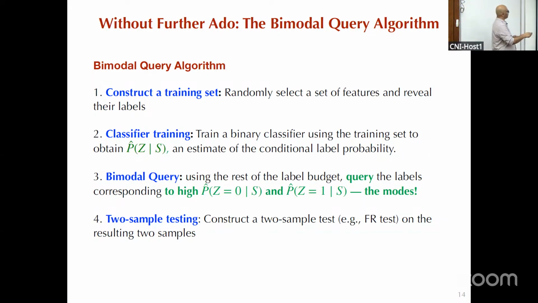The second thing we need to do is make sure how well the classifier does, which is also important here. If your classifier is bad, then you're going to do a bad test. So there are some assumptions we make on the calibration consistency of the classifier. In asymptotics, this is okay. In some sense, this is a hard problem in statistics, where for type 1 error you can get it somewhat easily, but even that is usually in asymptotics.